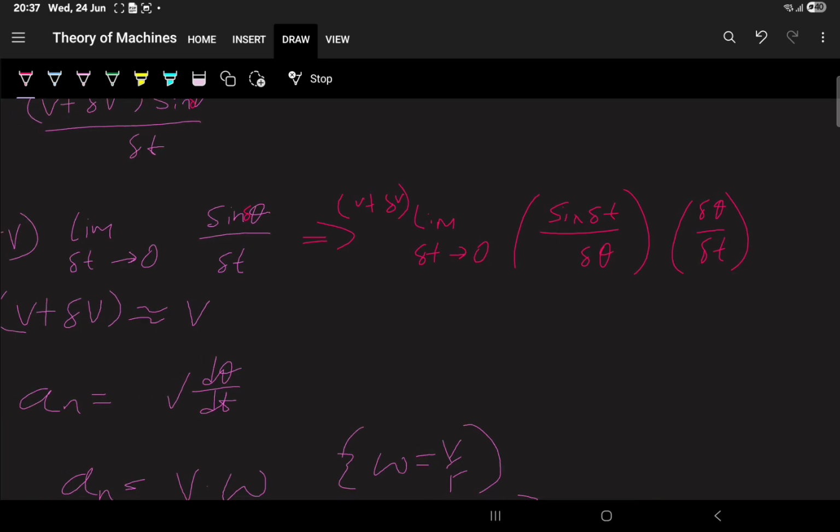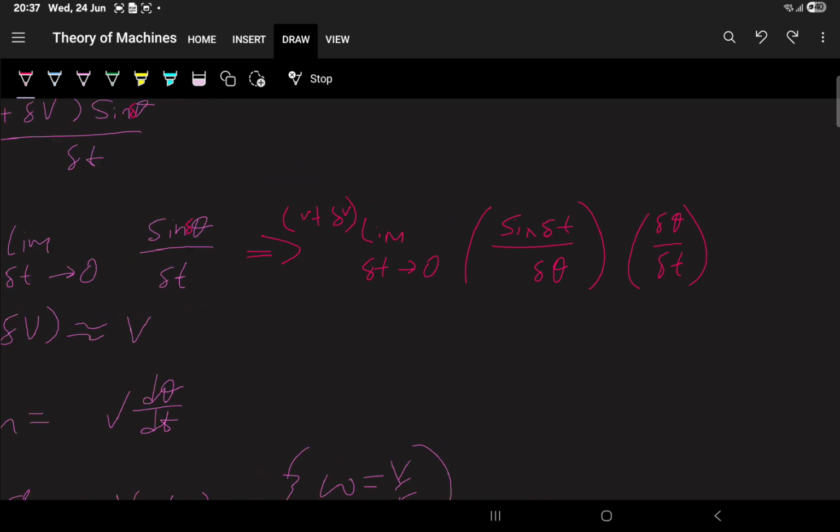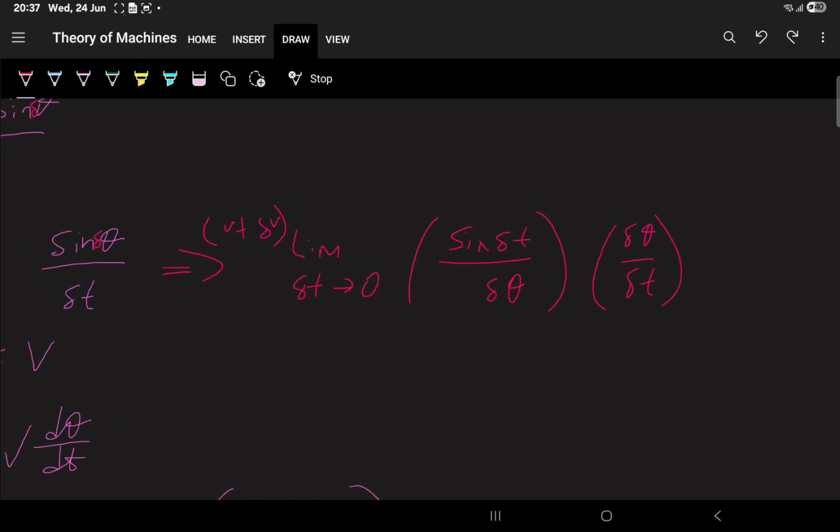Now what I did was just transform what we have on the left hand side into this. Observe this cancels this, so in the end it's still the same as what we have right there. Now why did I do this? From calculus we know when we take the limit of just this right here.